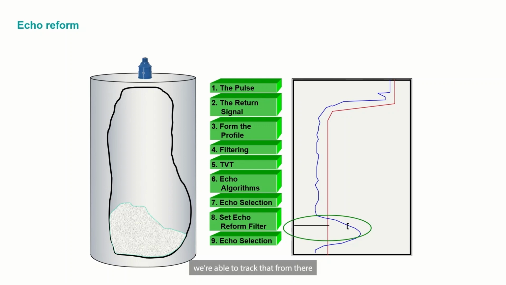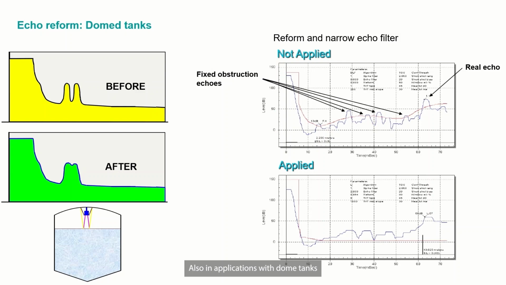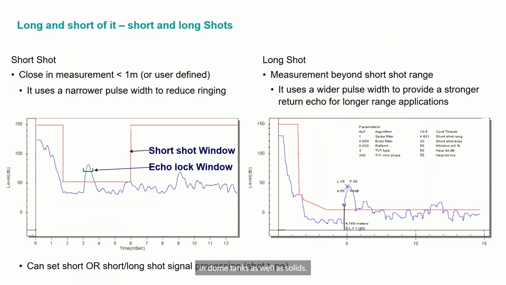And then we're able to track that from there just to kind of smooth things out. So echo reform, very valuable again for solids applications, also in applications with dome tanks where we have the sensor mounted right in the center. So that again is another great feature to use with liquids in dome tanks as well as solids.